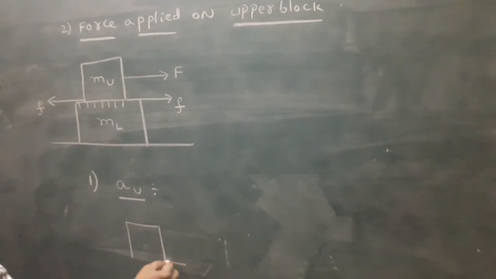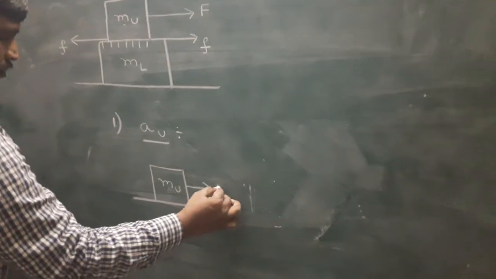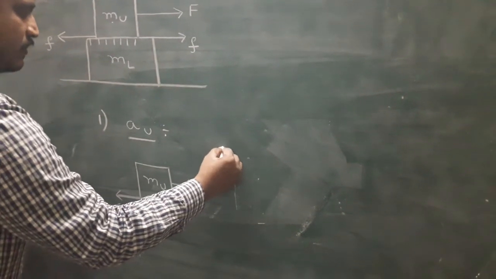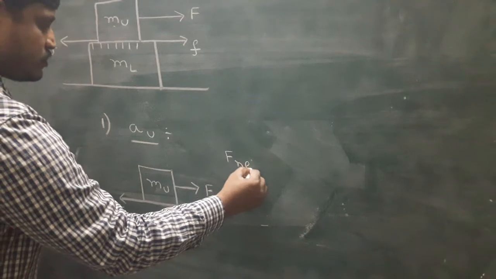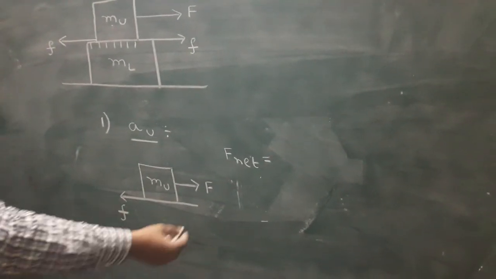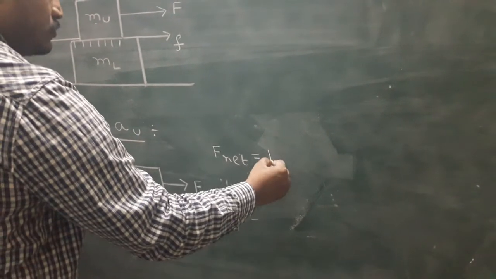Look here, this is the rough surface. Mass of the upper block is mu. Here, this is the external force, and the backward force is the frictional force. Acceleration of the upper block means first the net force acting on the upper block is determined. One is the applied force, the other is the frictional force.